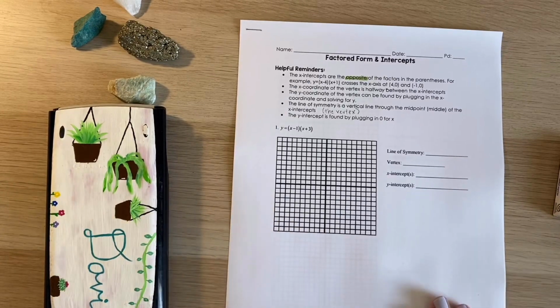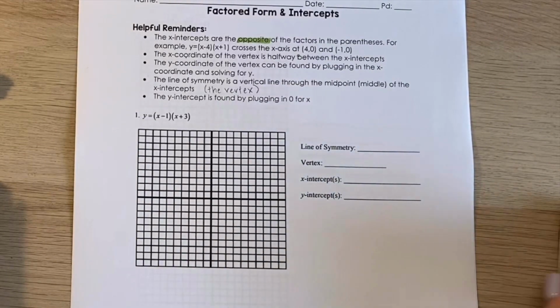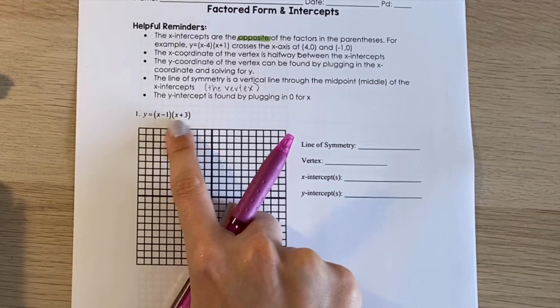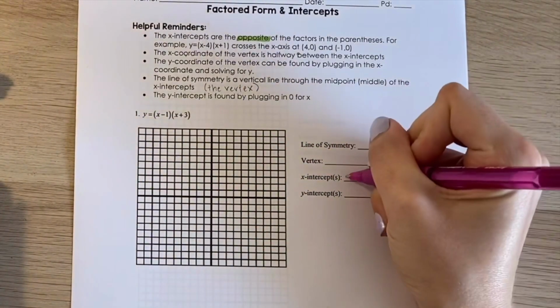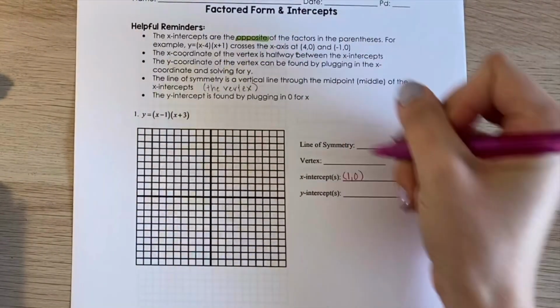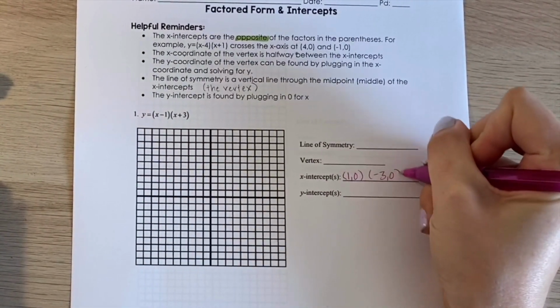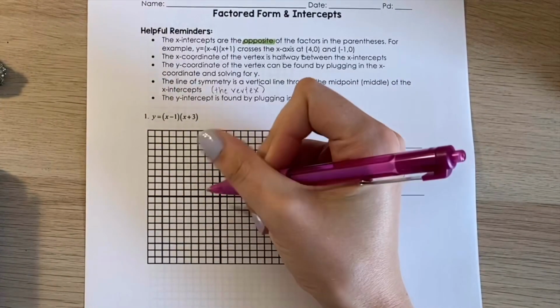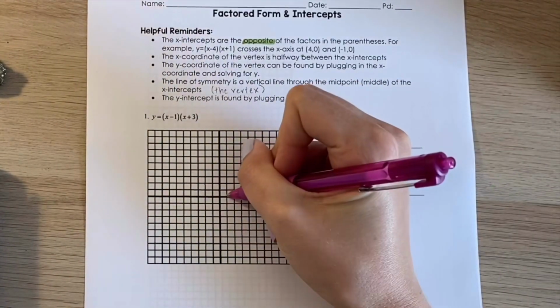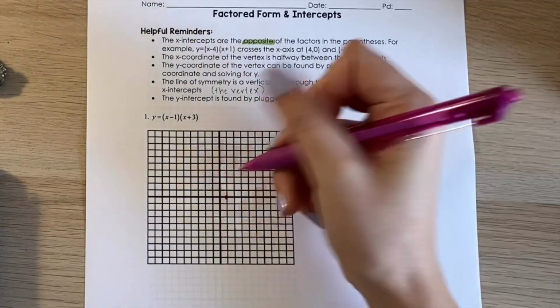So let's begin with example 1. What I can see here immediately is that my x-intercepts are going to be located at (1, 0) and (negative 3, 0). I'll place them on the graph here.